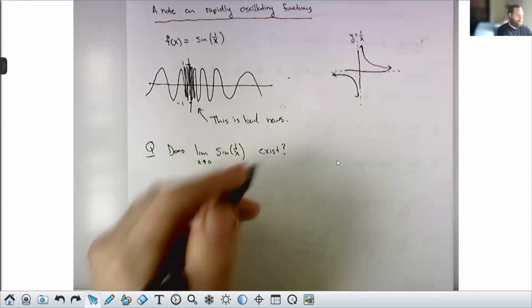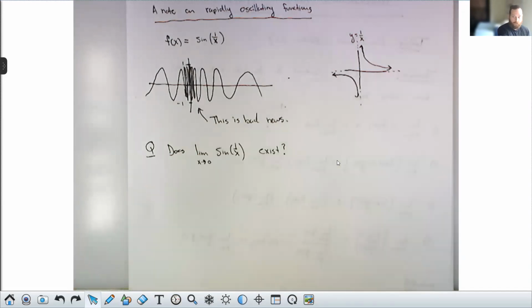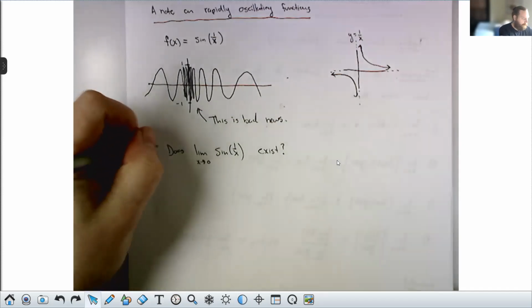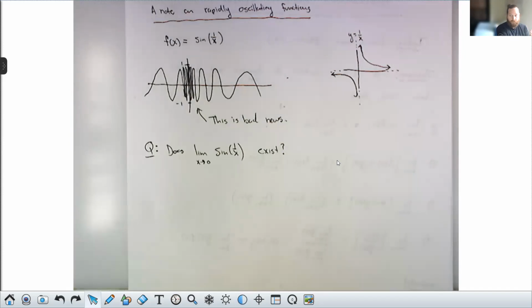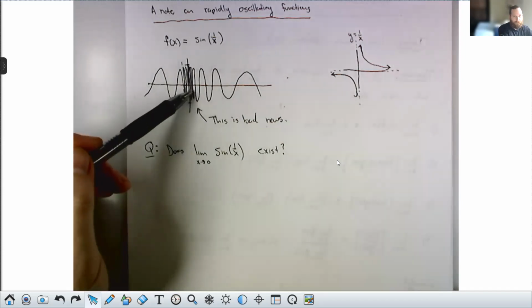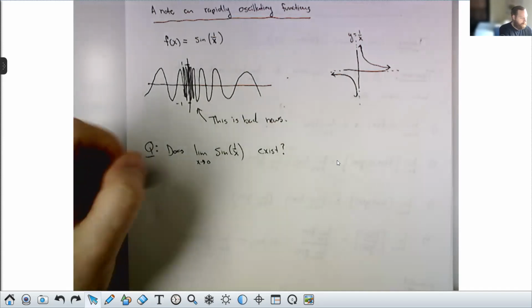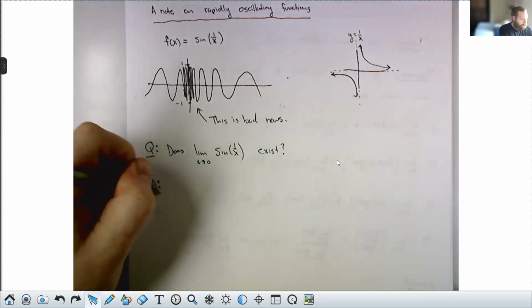Now, based on me calling this bad news, you might guess that the answer to that question is no. And that's correct. The answer to this question is no. Remember, what we're asking here is, is it the case that as x gets closer and closer to 0, the y values on this graph get closer and closer to some fixed number? The answer here is no.